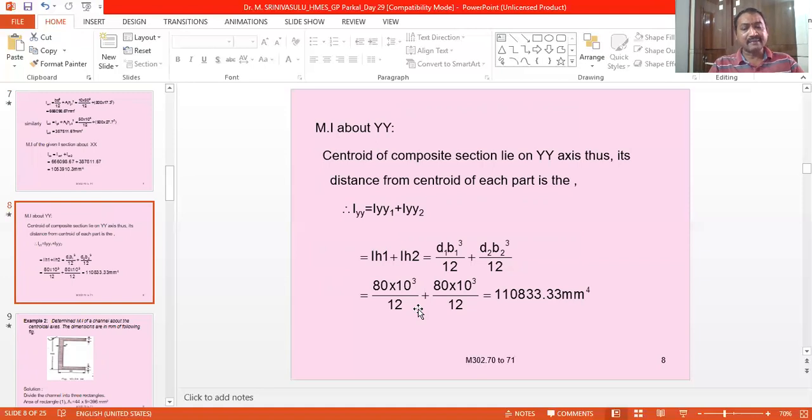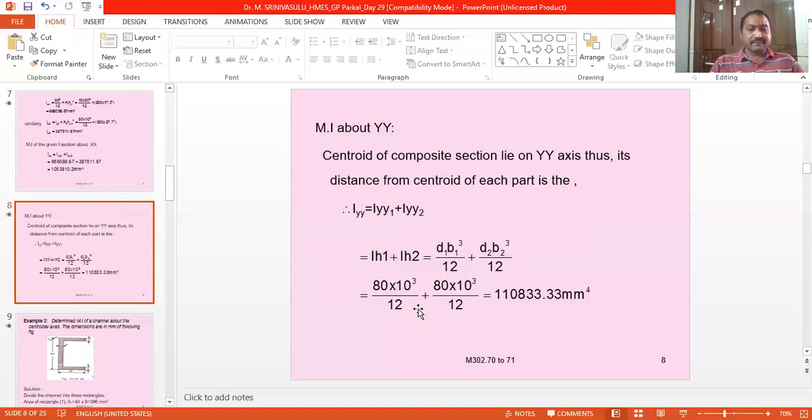The standard formula is d b cube by 12. Therefore Iy1 is equal to d1 b1 cube by 12 and Iy2 is equal to d2 b2 cube by 12. So the total Iyy is d1 b1 cube by 12 plus d2 b2 cube by 12.